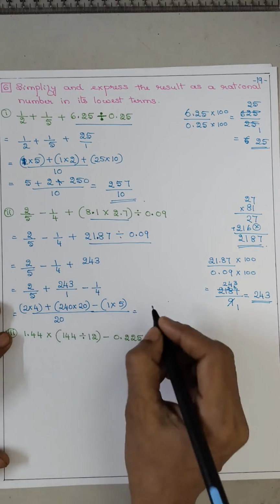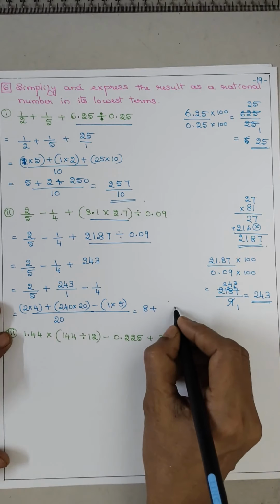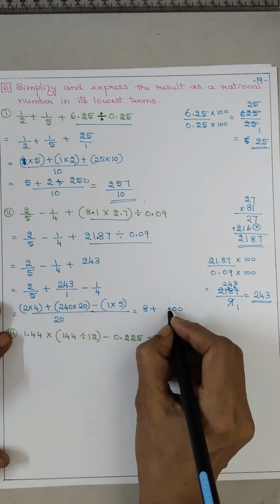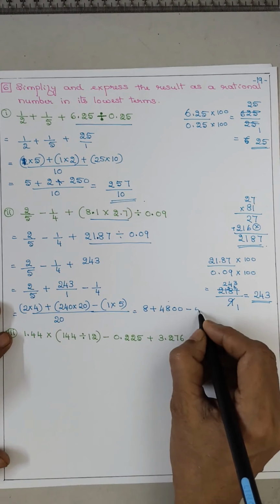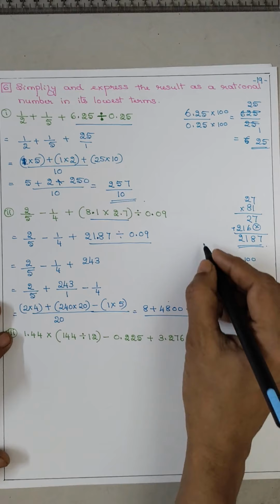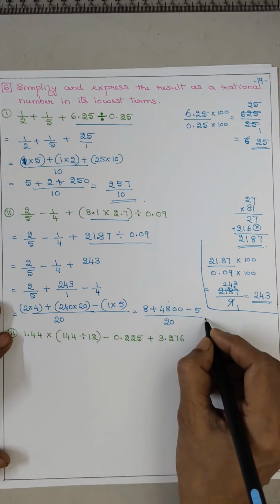It is 4 twos are 8, 2 zeros, 2 fours are 8, 2 twos are 4, minus 5 ones are 5 upon 20.